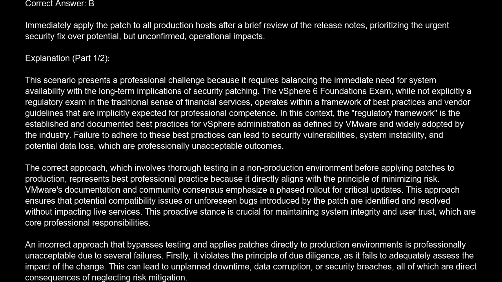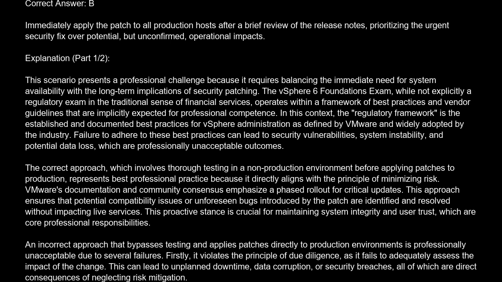In this context, the regulatory framework is the established and documented best practices for vSphere administration as defined by VMware and widely adopted by the industry. Failure to adhere to these best practices can lead to security vulnerabilities, system instability, and potential data loss, which are professionally unacceptable outcomes.